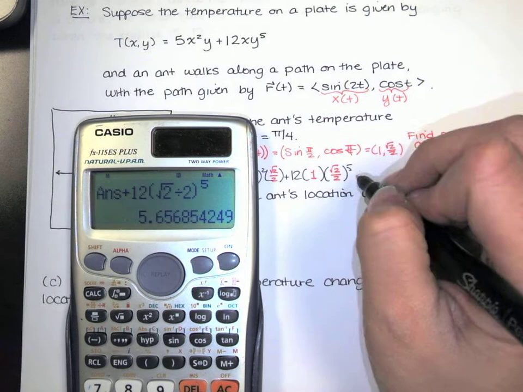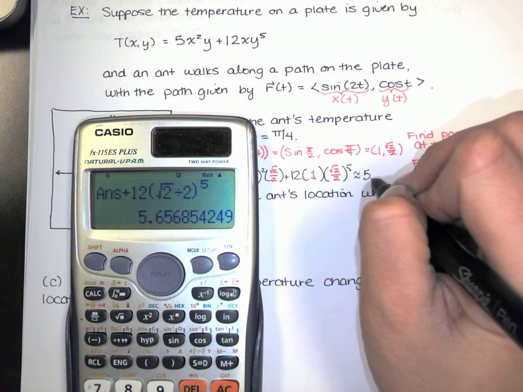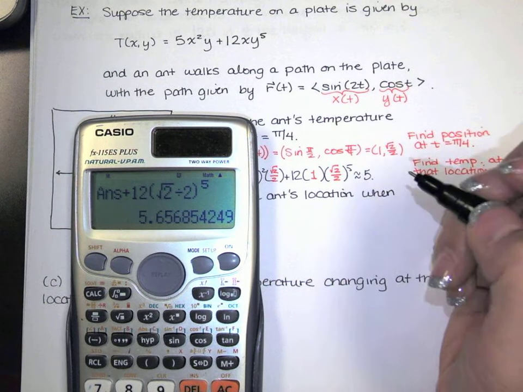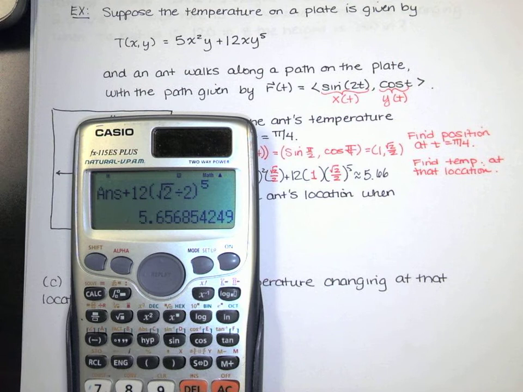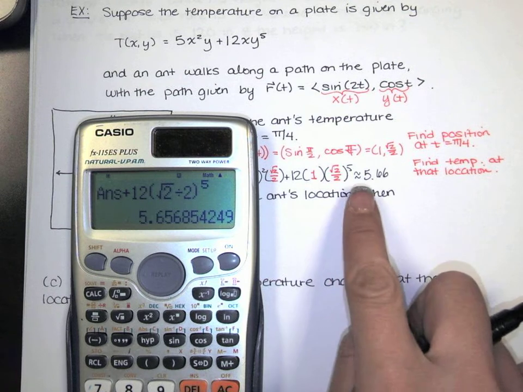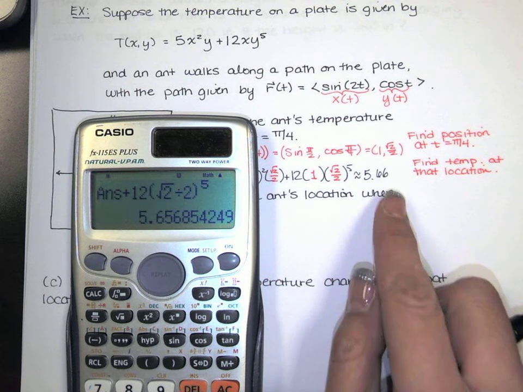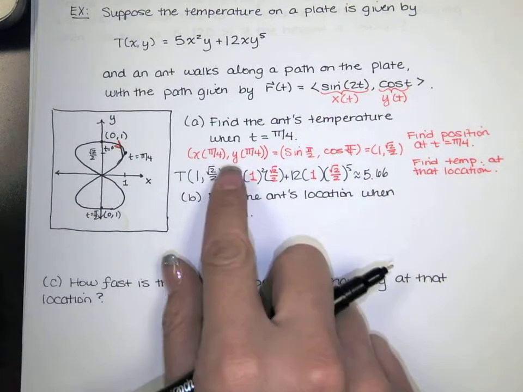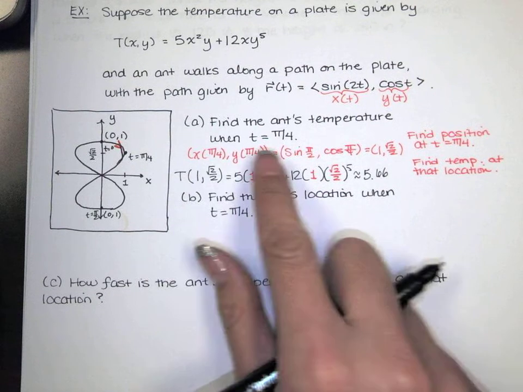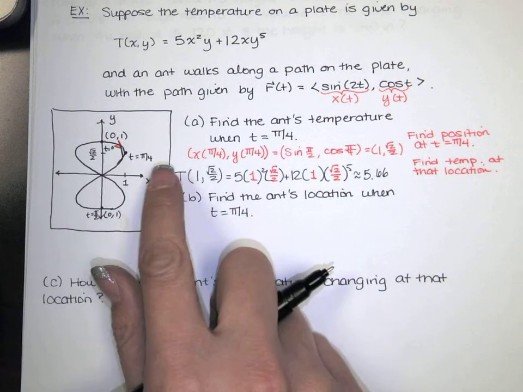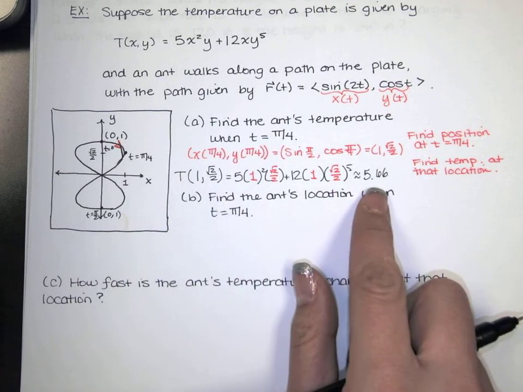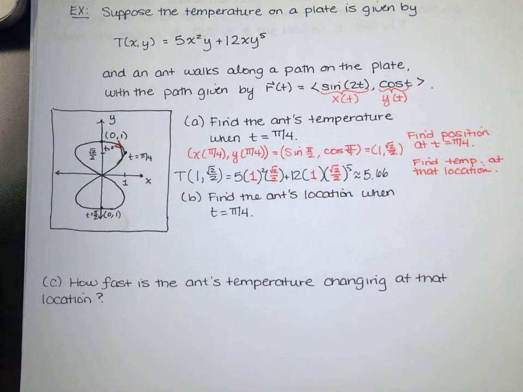It's not giving me an exact answer. It's giving me a decimal approximation of about 5.66. Let's say that that's in degrees Celsius, who knows? But that's a particular temperature. So at t equals pi over 4 seconds, we're at this location, and if the ant is at that location, it is experiencing this temperature of 5.66, let's say degrees.